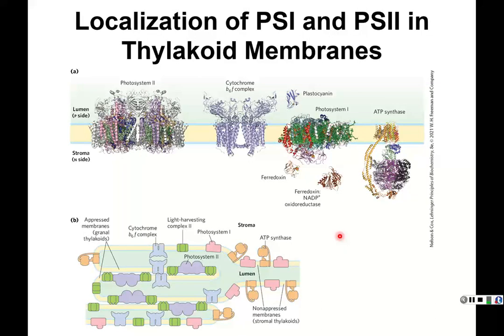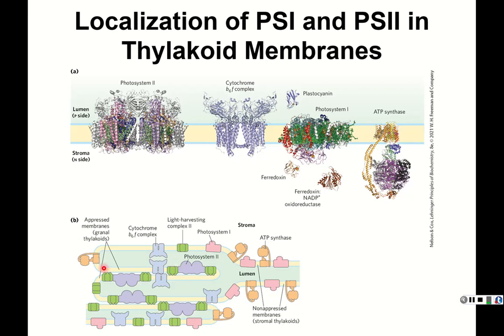If you're curious about where these are and how they're set up in the thylakoid membrane, that's shown here. You have these light harvesting complexes, or antenna, interspersed between photosystem 1 and photosystem 2, and then your cytochrome b6f complex as well.